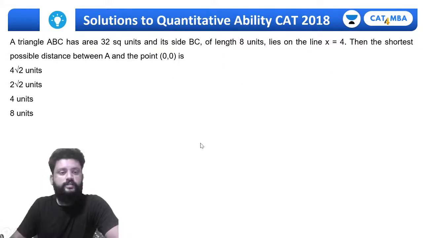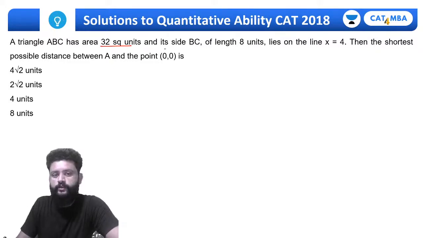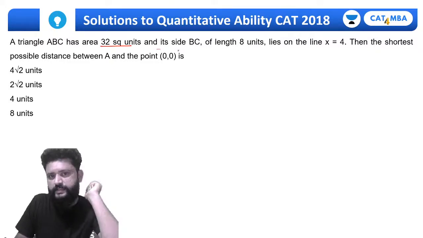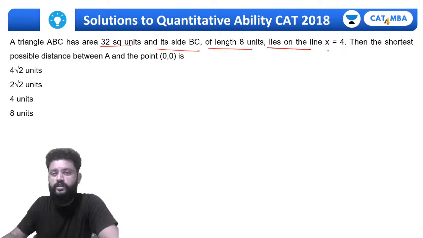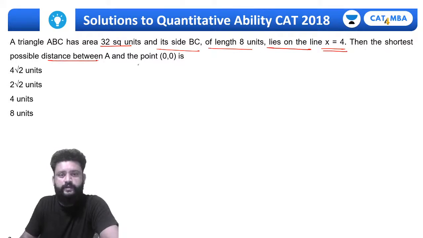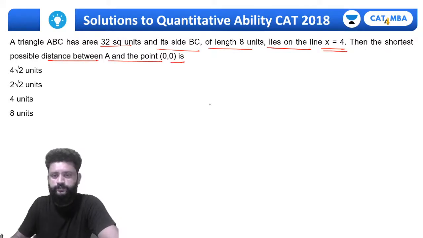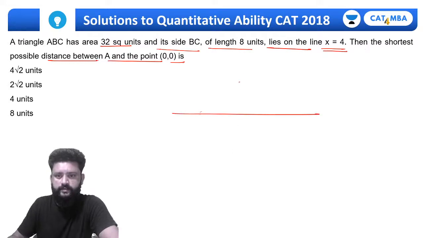Let's go for the next. A triangle ABC has an area 32 square units, and its side BC of length 8 units lies on a line x equal to 4. Then the shortest possible distance between A and the origin 0,0. Basically, this is the case.